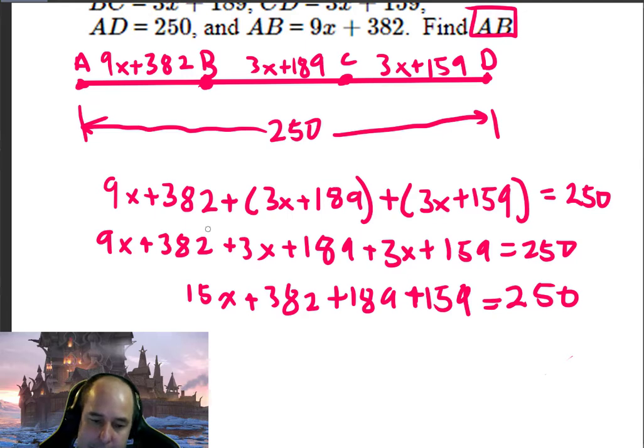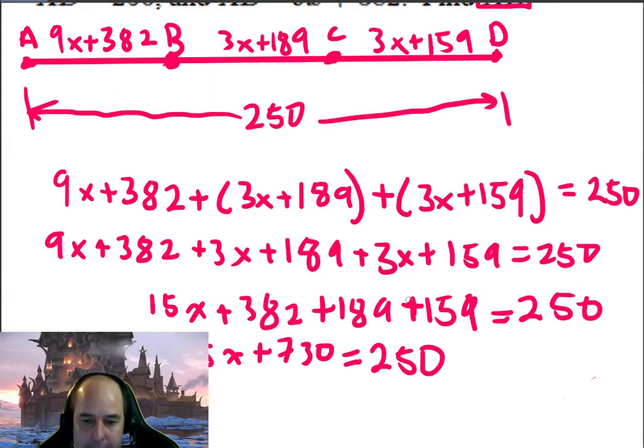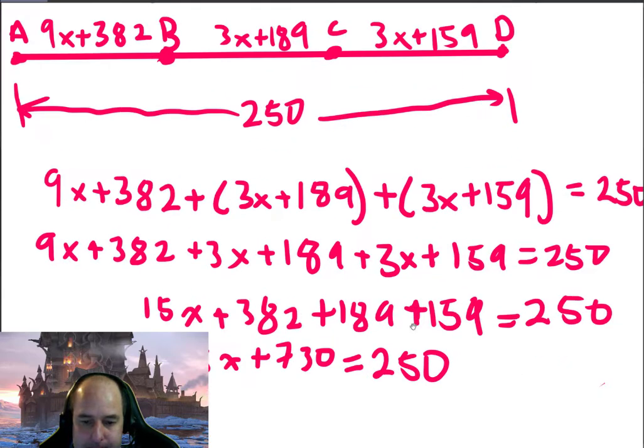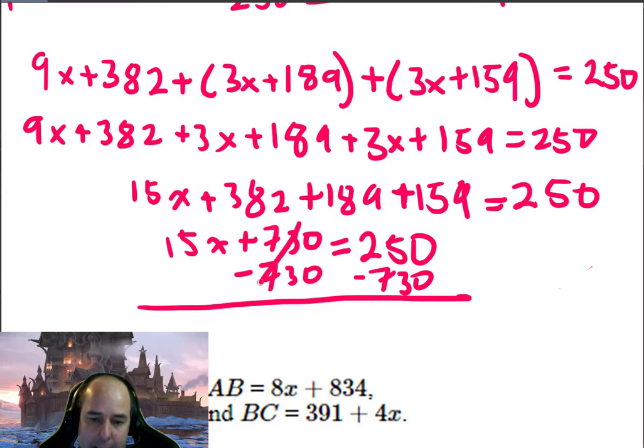All right, so I'm just going to change that here to 12x plus 730 is equal to 250. A couple last steps here. Subtract 730, and when I do that, I get negative 480.